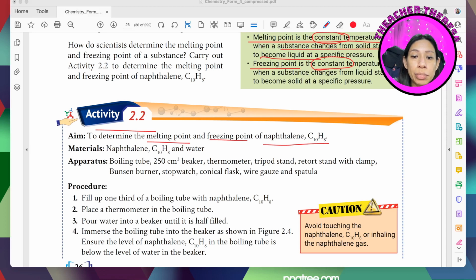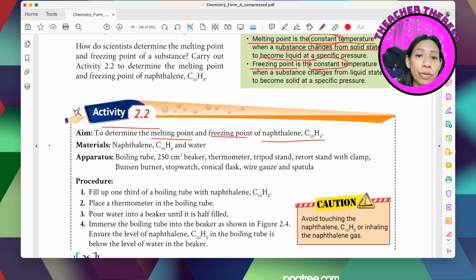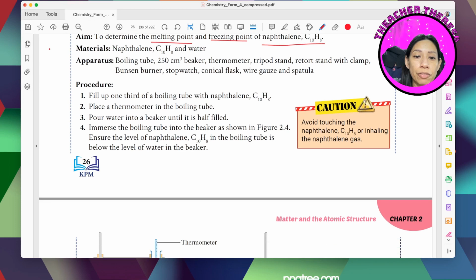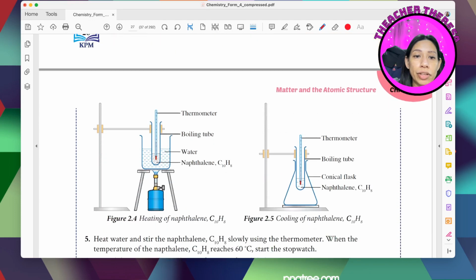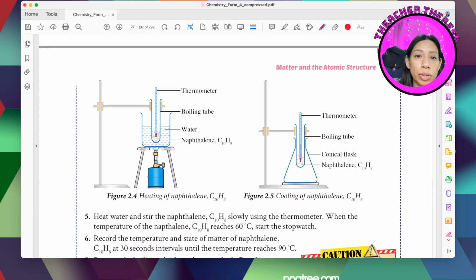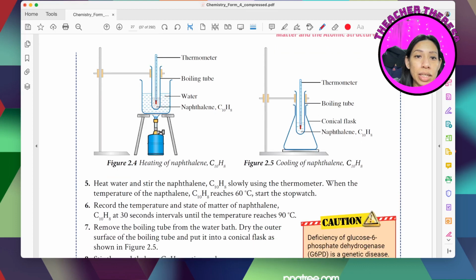So in that experiment, you are going to find out the freezing point and melting point of naphthalene. This is the setup of the experiment. Heating of naphthalene needs to be done in a water bath because the melting point of naphthalene is low.